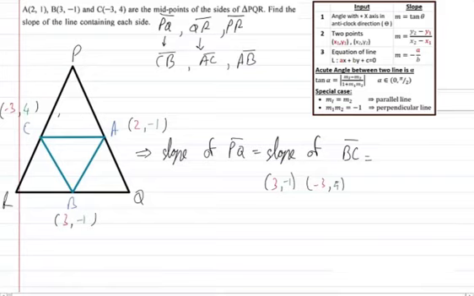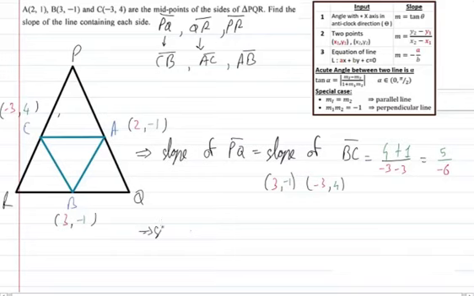We simply have to take the difference of y coordinates as well as x coordinates. So let's take 4 minus -1, or we can say 4 plus 1, upon -3 minus 3. So here we will get 5 upon -6, or we can say -5/6.